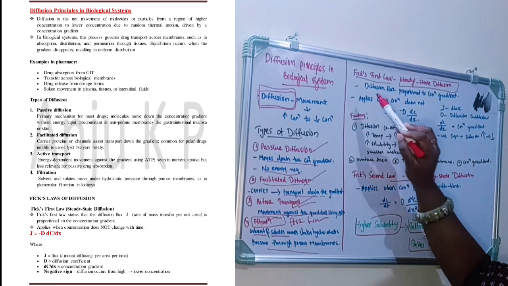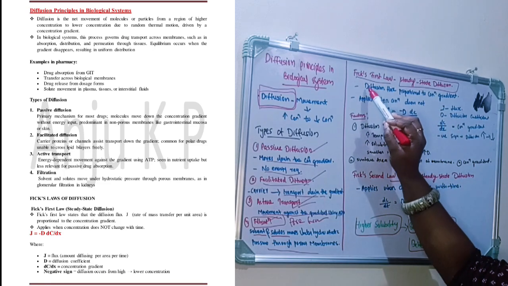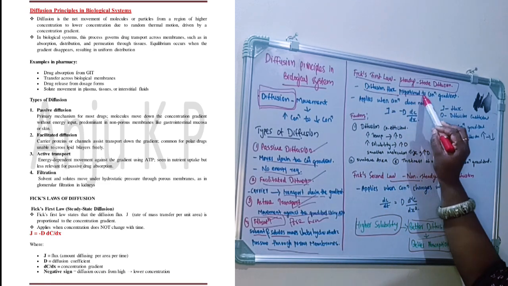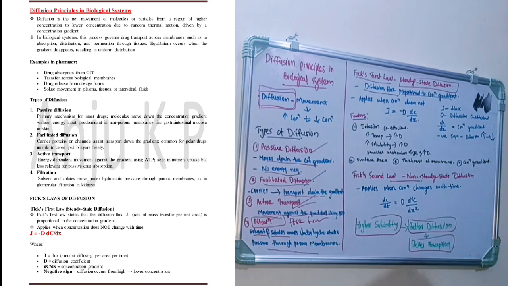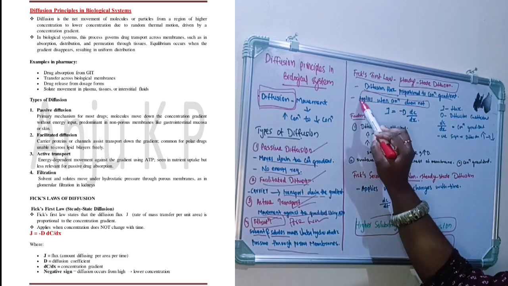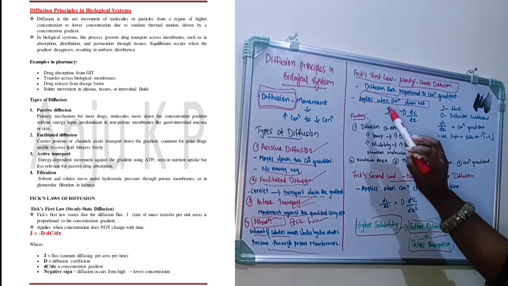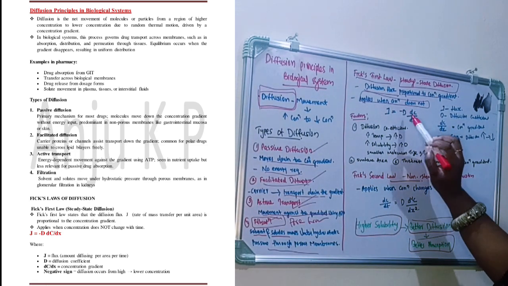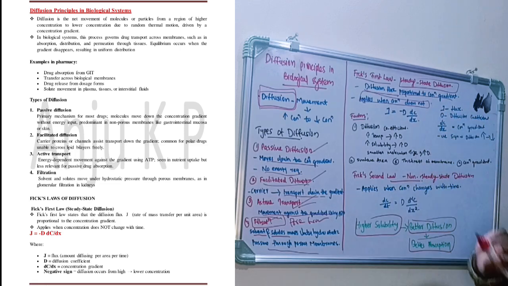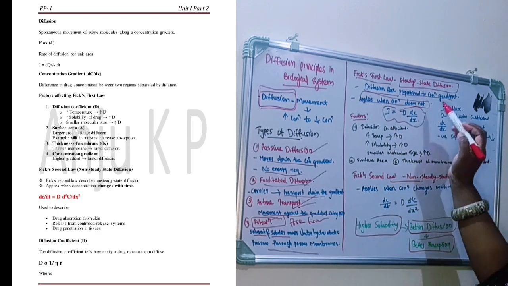Fick's first law states that diffusion flux is proportional to the concentration gradient, when concentration does not depend upon time. So we write J = -D dC/dx.